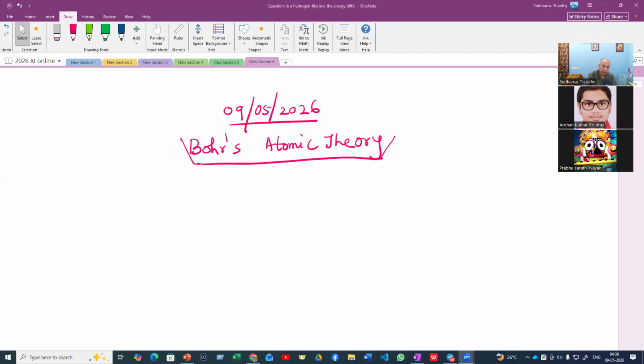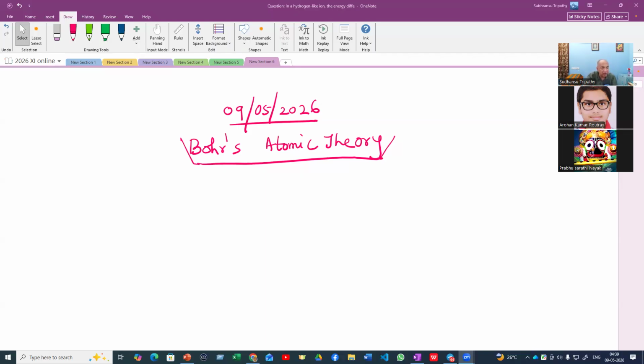So it is showing wave properties. It is also showing discontinuous nature, that it doesn't come out of the source or get absorbed in a continuous manner, rather in single discrete photons, energy packets.